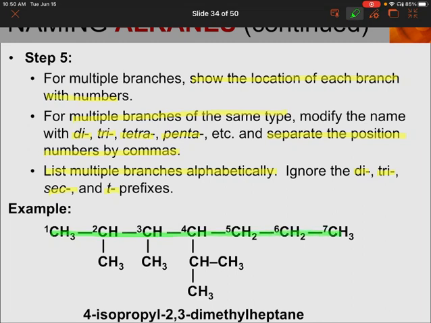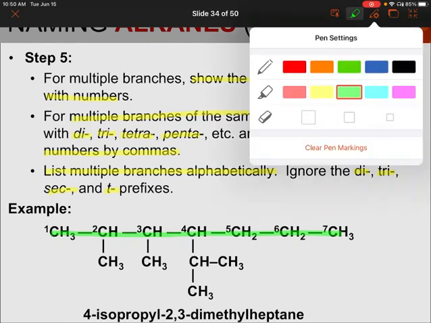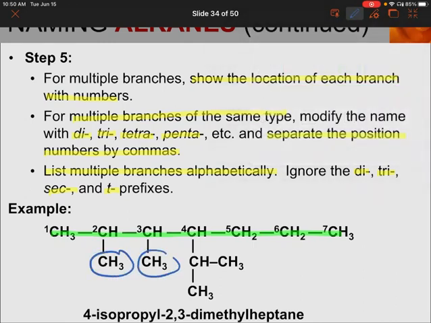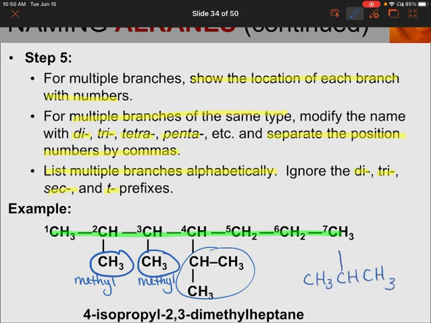Okay, and notice that this was numbered from left to right because we want to make sure that any branches have the lowest numbers possible. Okay, so it looks like our branches are methyl, methyl, and then the third branch there, we have a connection point on the middle carbon, and we have 3 carbons total.